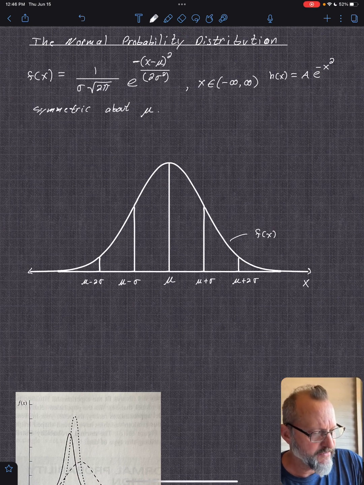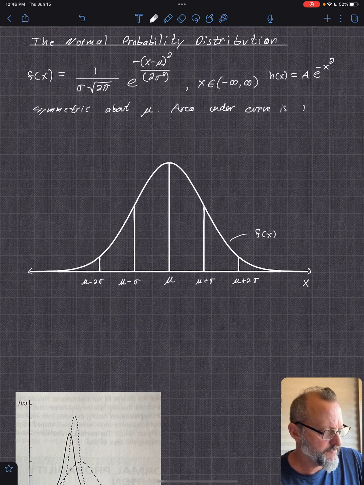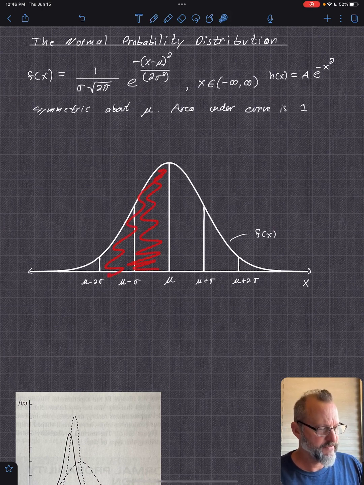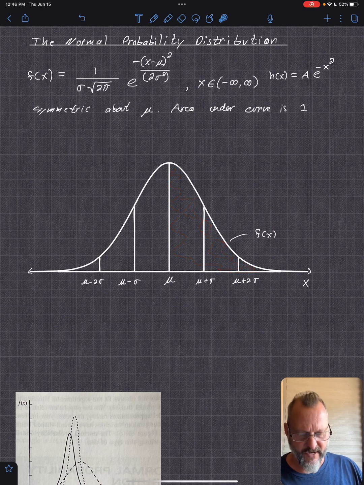The area under the curve is 1. So what that would imply is that this area here is equal to 0.5, and this area over here, everything else on the right side, is also equal to 0.5.